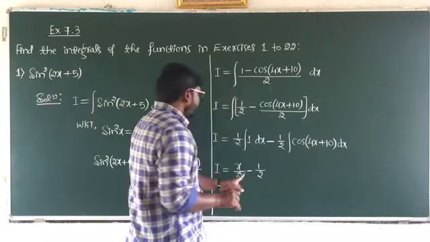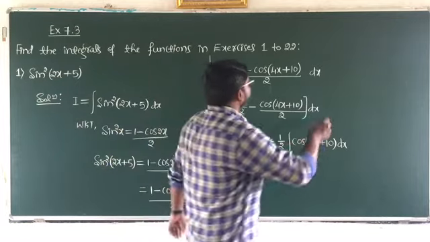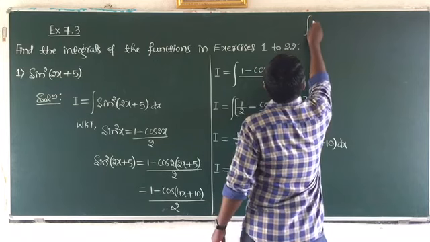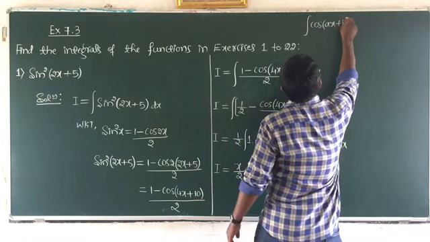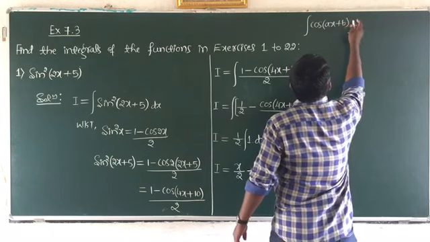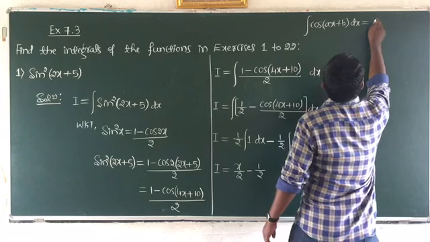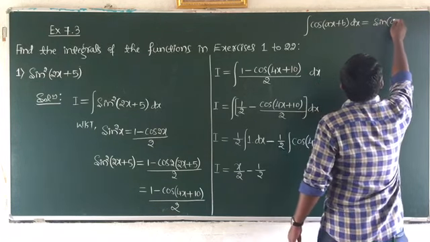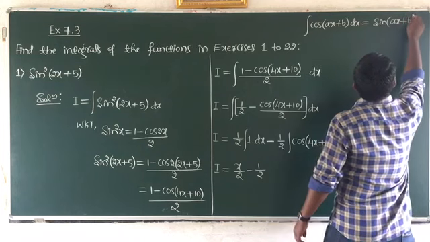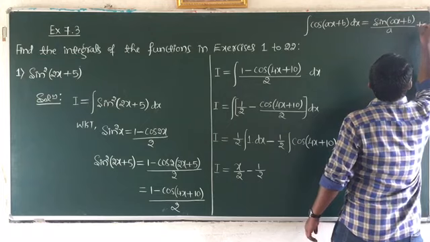Now it is in the form of the integration of cos of (ax plus b). So the standard formula is the integral of cos (ax plus b) dx which is equal to sin (ax plus b) divided by a, plus c.